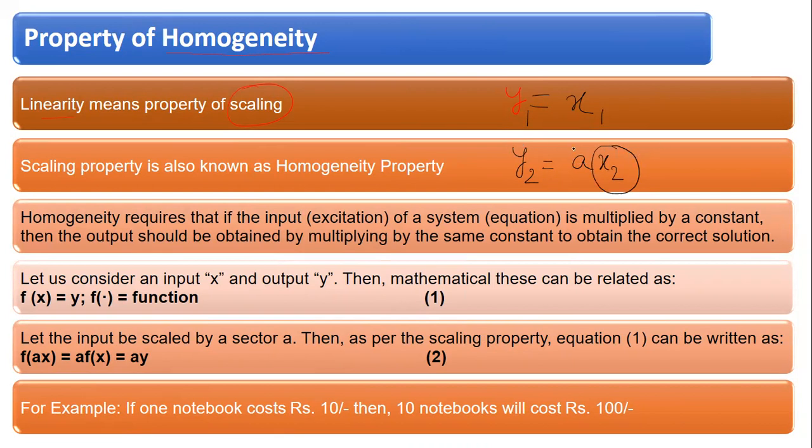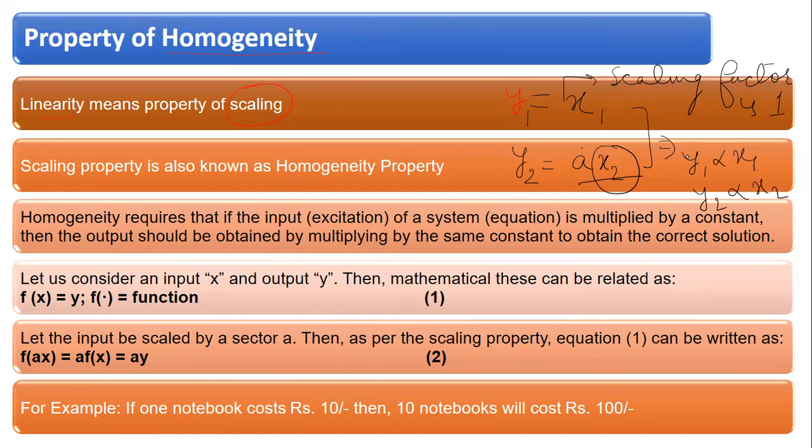In both cases, here the scaling factor is 1 basically, and here the scaling factor is a. So you can say that y1 is proportional to x1, and y2 is proportional to x2.